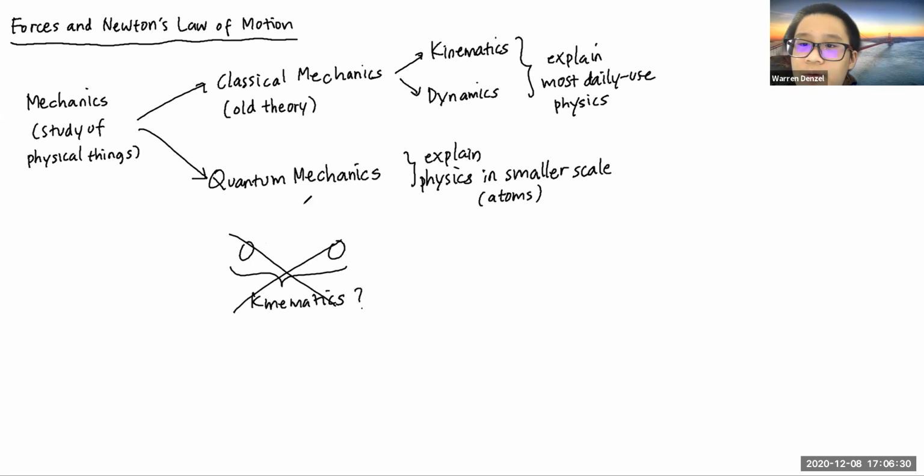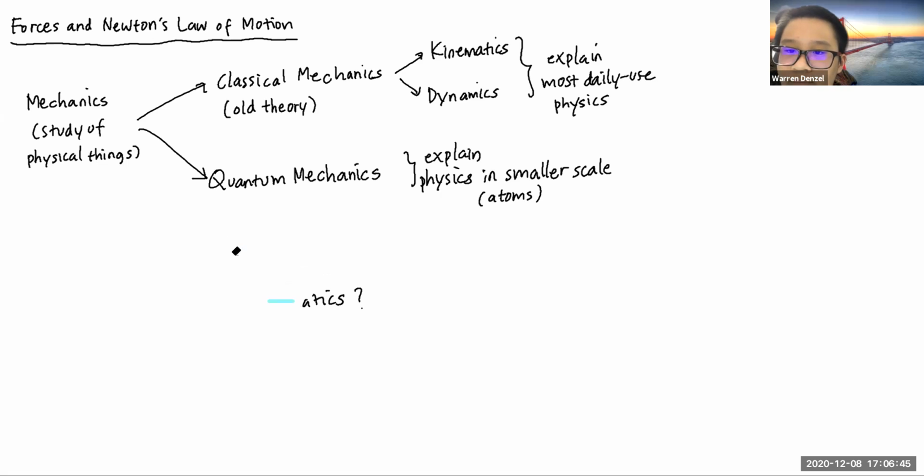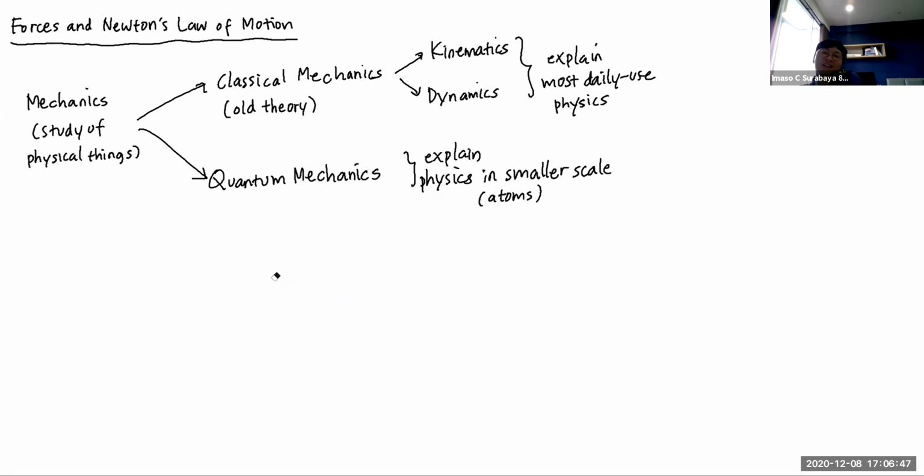You have to use quantum mechanics, not the classical mechanics that I'm going to teach you now. But for the most basic things, classical mechanics is enough. I'm taking engineering, and in engineering, I think classical mechanics is enough. It explains most things good enough.